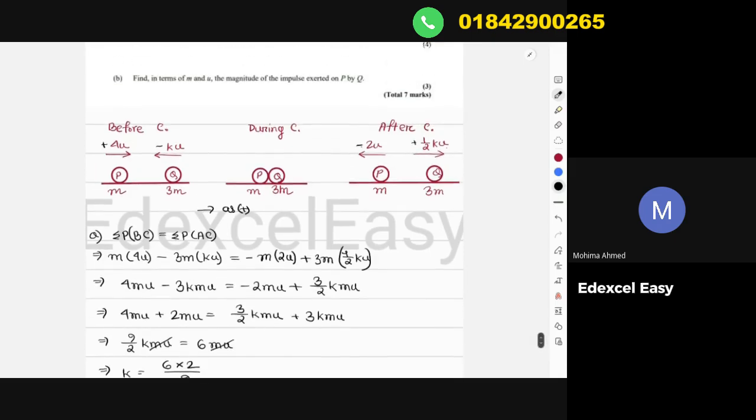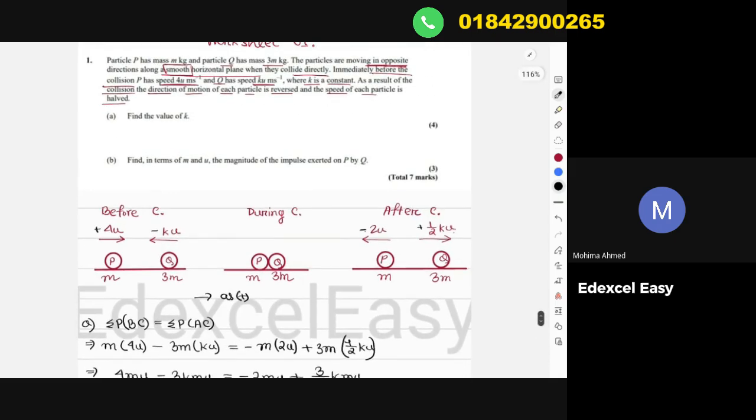Okay, now in part B, they are asking that in terms of m and u, we need to find the magnitude of the impulse exerted on Q by P. You have to understand on which particle this impulse was exerted, right? Whichever particle the impulse was exerted on, you have to use the information for that particle.